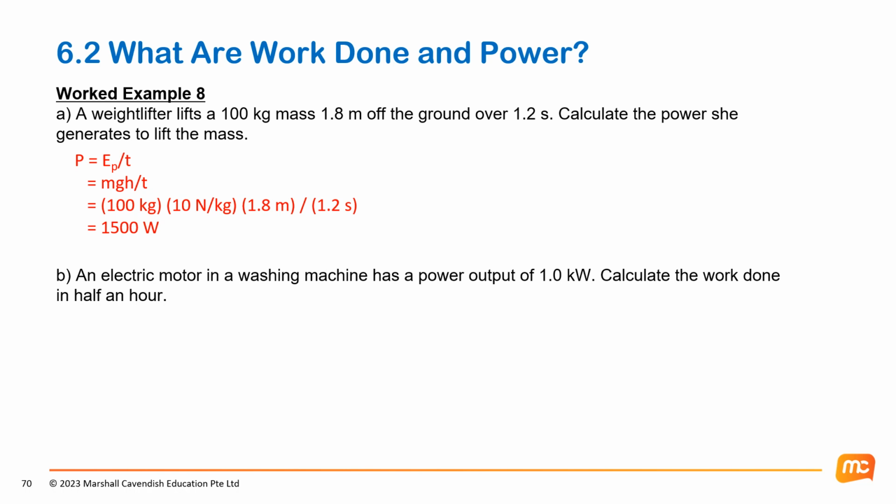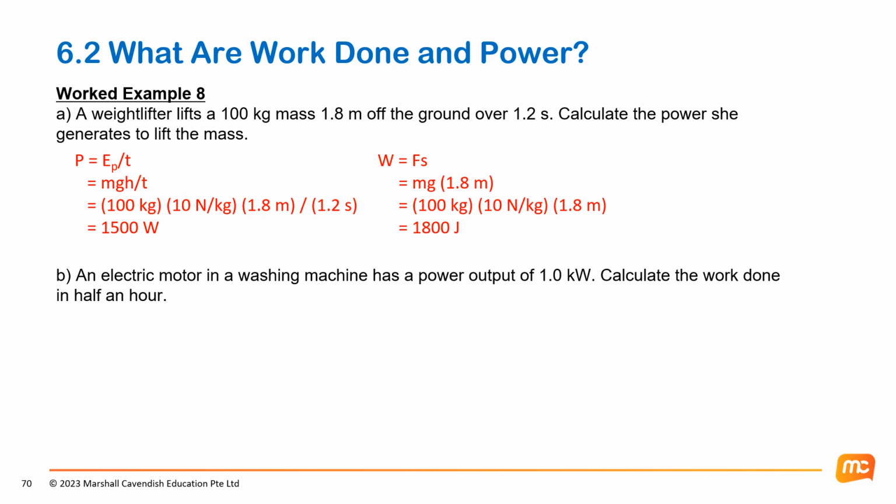Now, the other approach is to consider the work that she does, because we also know that power is work done over time. In this approach, you will see that it's the force times the distance traveled. In order to lift something, you must act against the weight, so the force is the weight, W equals mg. I've deliberately omitted W here because I didn't want to confuse you with too many W's.